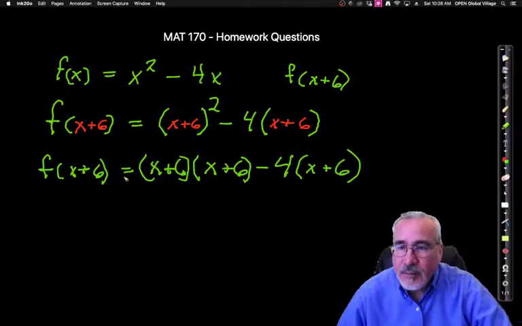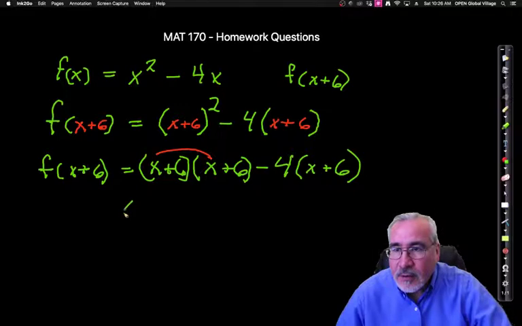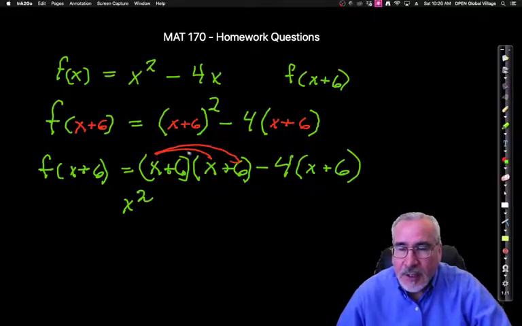As we go through this to simplify, we're going to take x times x, giving us x squared. Then we're going to take x times 6, the outer, and do the inner, 6 times x, and that gives us another plus 6x.